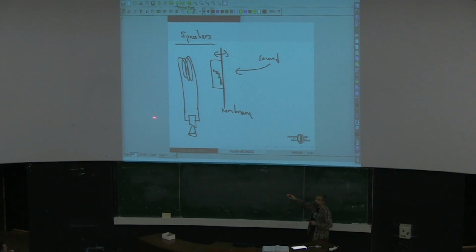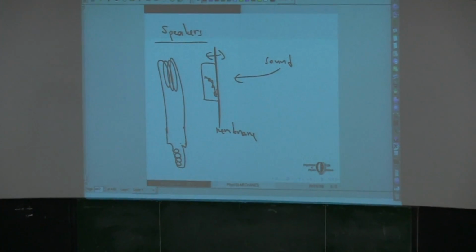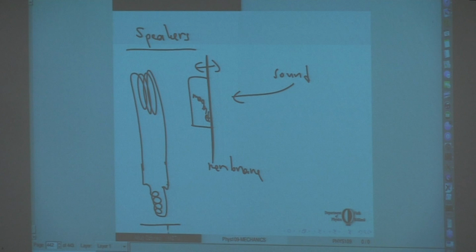Now the speaker over here is in fact an identical system. Here you get a solenoid, and here you have a membrane with a magnet. This is the membrane. So let's just imagine that a sound wave of a given frequency hits this membrane.